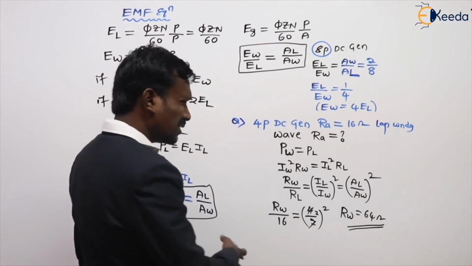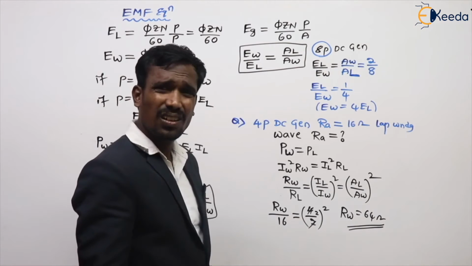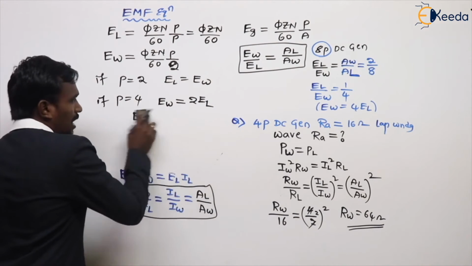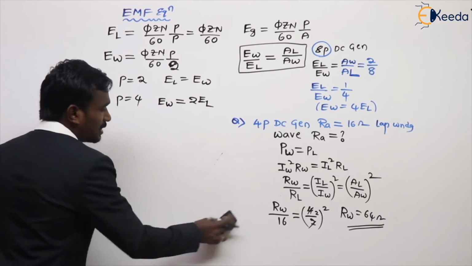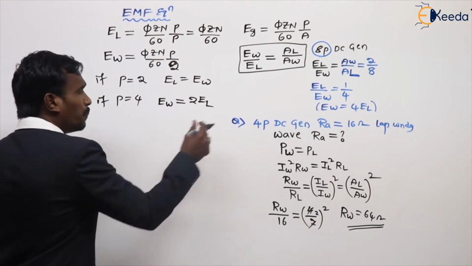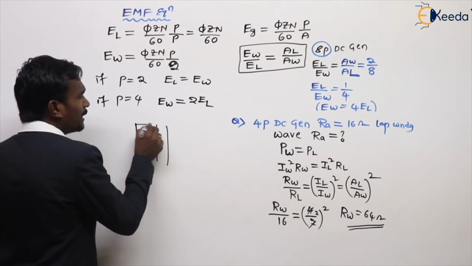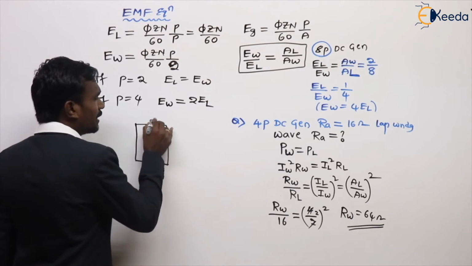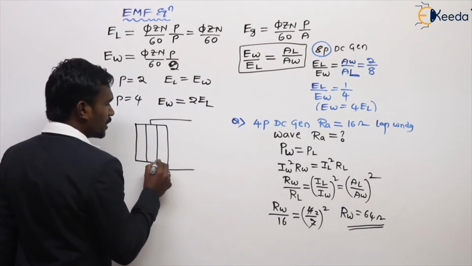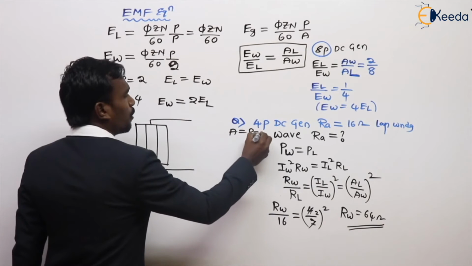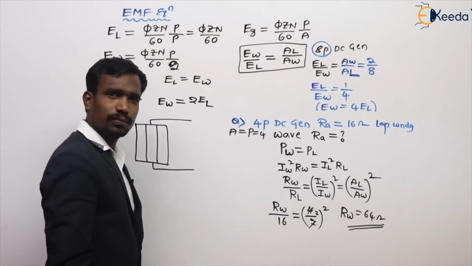Sir, is it correct? Is it possible? Do you have any doubt? Let's check and clarify. A 4-pole machine, lap connected: how many parallel paths are there? The number of parallel paths is equal to the number of poles, that is 4.